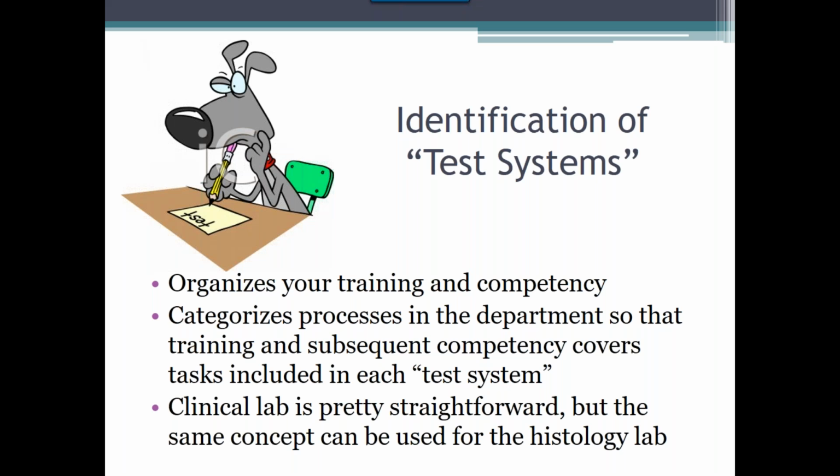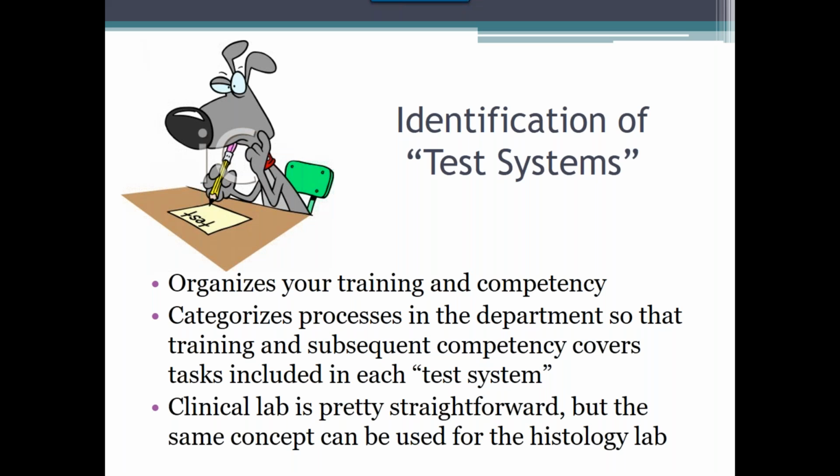Test systems are defined as groups of tests that can be trained and competencied together as one unit. From a testing standpoint, the guiding principle is that everything you are considering to be in a single test system is such that they can all be trained and competencied utilizing the same process. So if you demonstrate one test and are successful, you can technically perform them all.